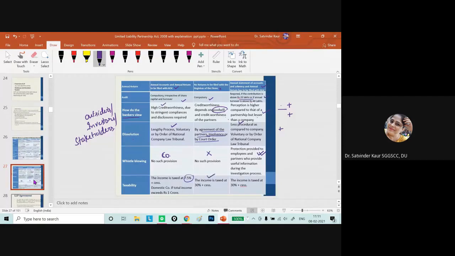In case of partnership firm and LLP, it is 30%, with surcharge and all applicable. One more area of my specialization is income tax laws, that is called direct taxation.